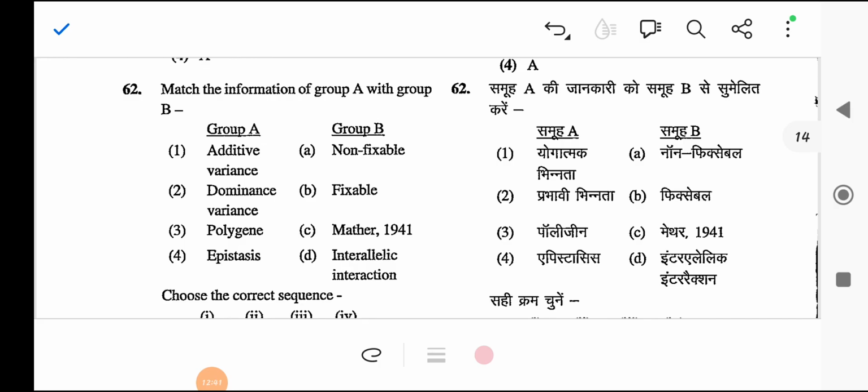Polygene is given by Mather 1941. And what is epistasis? Epistasis is interallelic interaction. So additive variation is fixable, dominance variation is non-fixable, polygene by Mather 1941, epistasis by interallelic interaction.